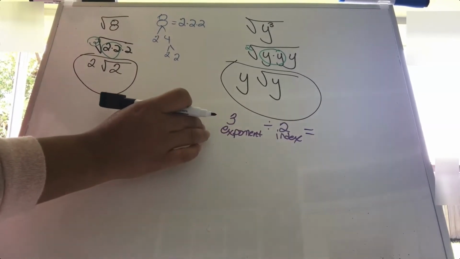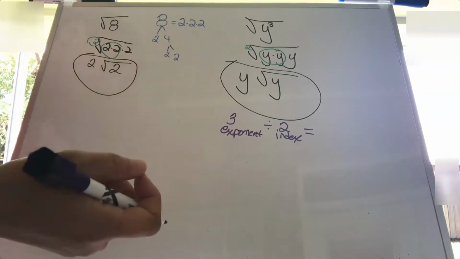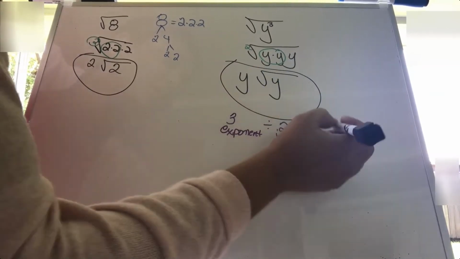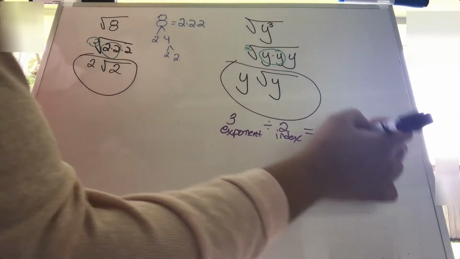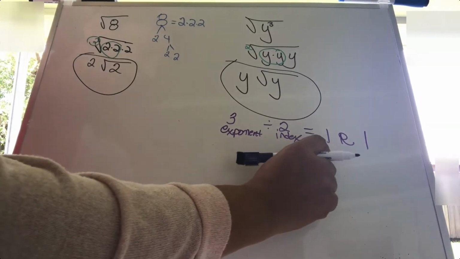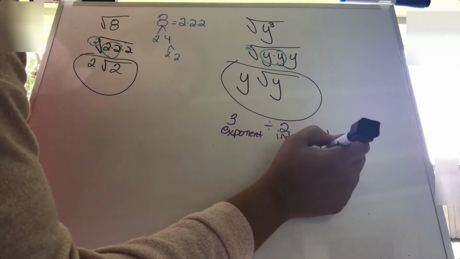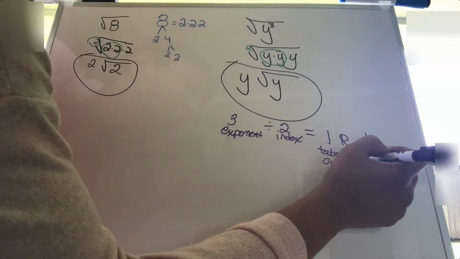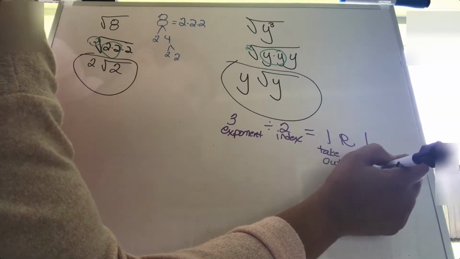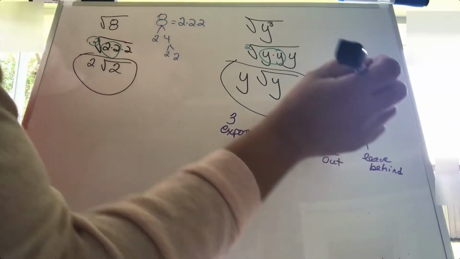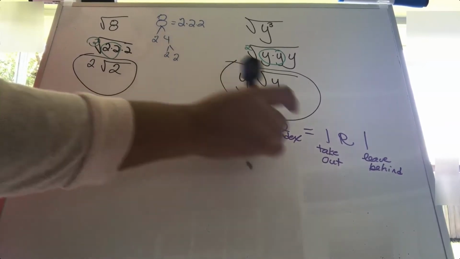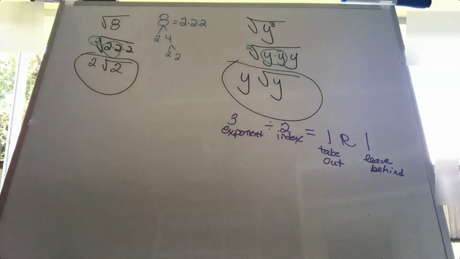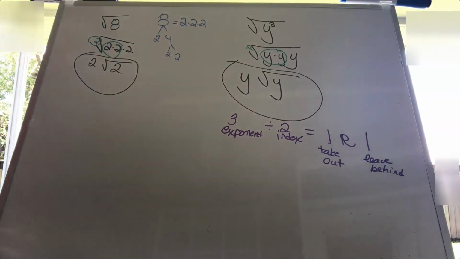And so when I take my 3 and divide by 2, I don't get something that goes in evenly. 2 goes into 3 one time, but there's a remainder of 1. That one time that it went in, this is how many we're taking out. That remainder is how many we leave behind. So this one is from here, and this one that's left here is from there. So that's how we're going to work it with the exponents.